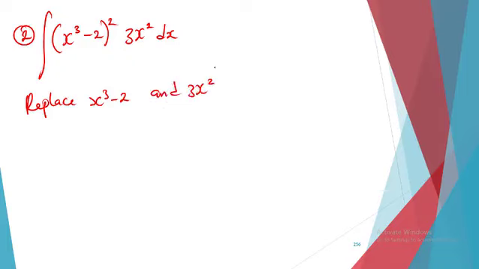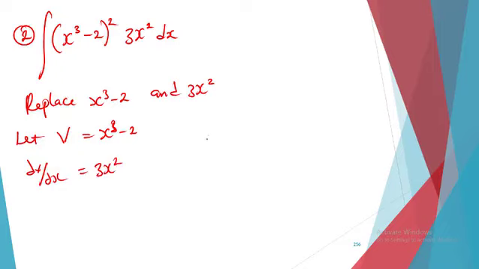We start by saying let v be equal to x cubed minus 2. Then dv over dx will be equal to 3x squared. Is that correct?